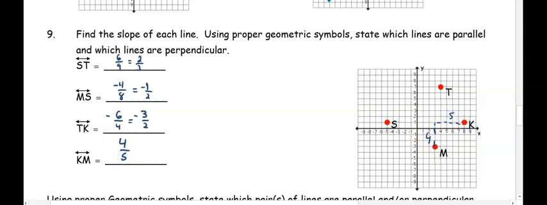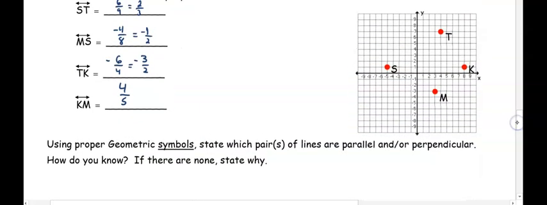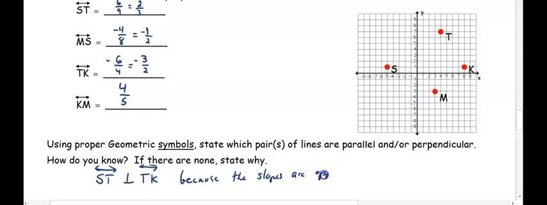So we want to use our geometric symbols to state which ones are parallel or perpendicular. So if I'm looking, I have no slopes that are the same, but I do have 2 slopes that are opposite reciprocals. So we know that line ST is perpendicular to line TK because the slopes are opposite reciprocals.